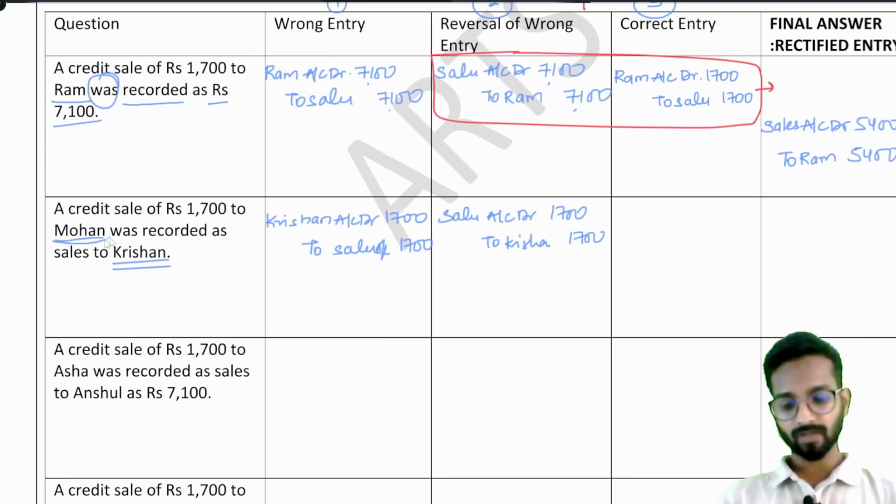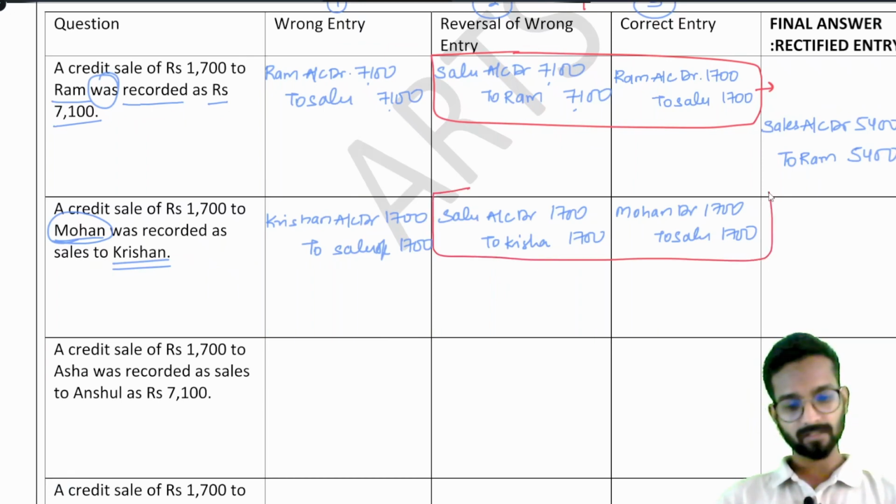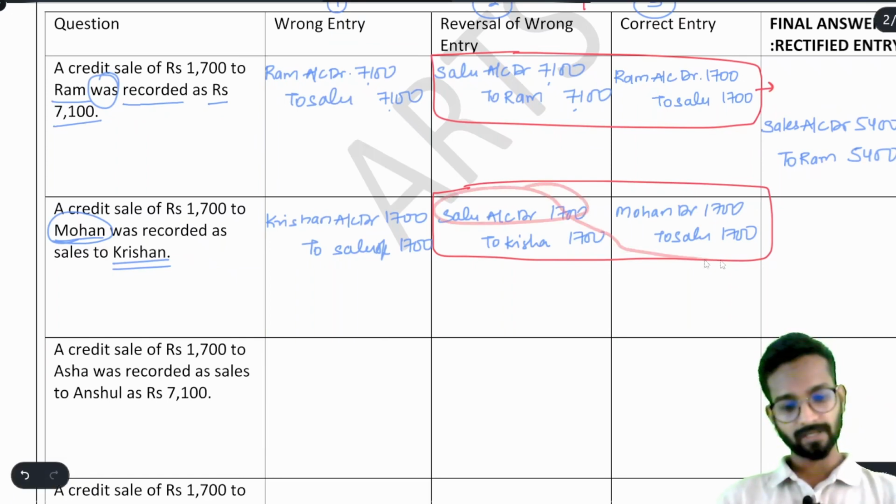See, we had to write the sale entry for Mohan. So I will write here Mohan debit to sales 1700 and 1700. Simple. Now I have to add second and third. The answer will be, check with me, sales debit 1700 and sales here also credit 1700.